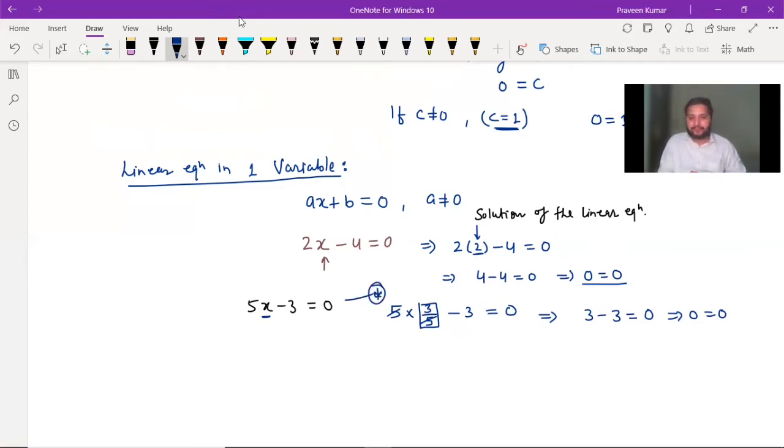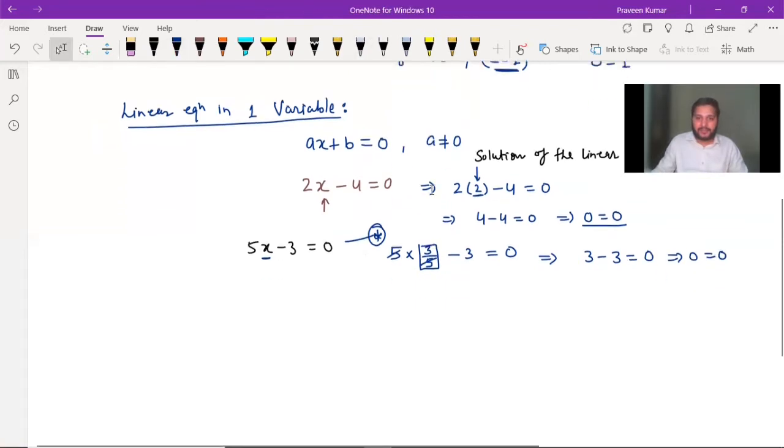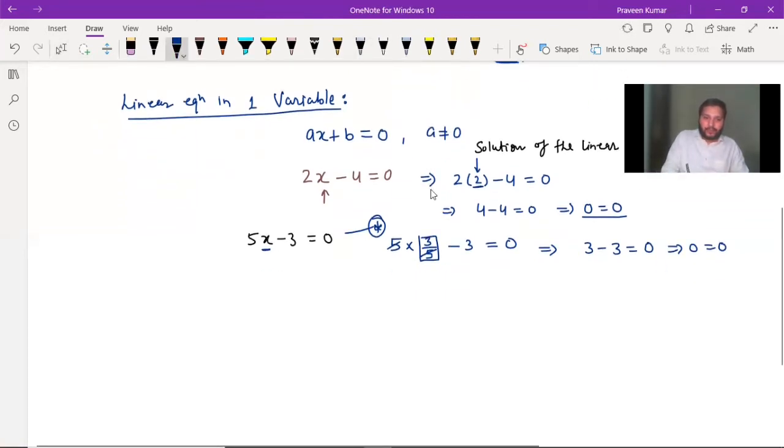Is there any general way to find the solution of linear equation in one variable? Yes. So let us try to find the solution of ax plus b is equal to 0, where a is not equal to 0.